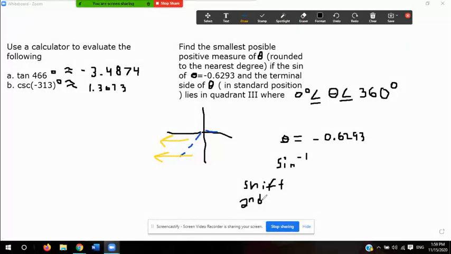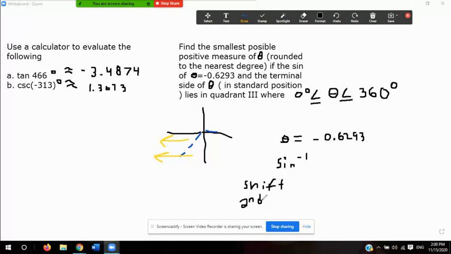My calculator is actually the kind where I have to first write the number and then click on the sine function. So I'm going to write down the value, which is negative 0.6293. Okay. And then I'm going to use that to find my answer and round it to the nearest degree, because the problem says round to the nearest degree.